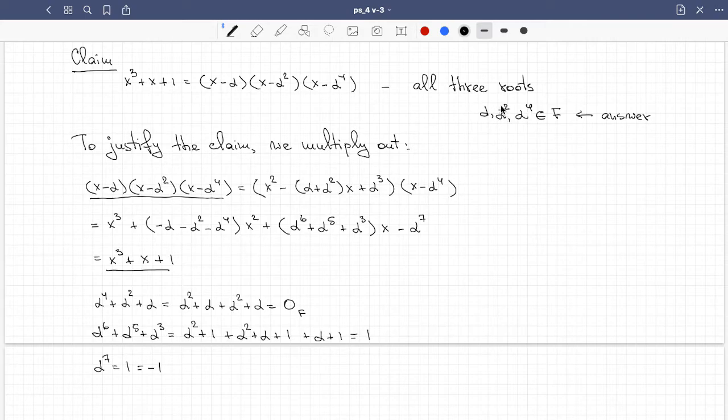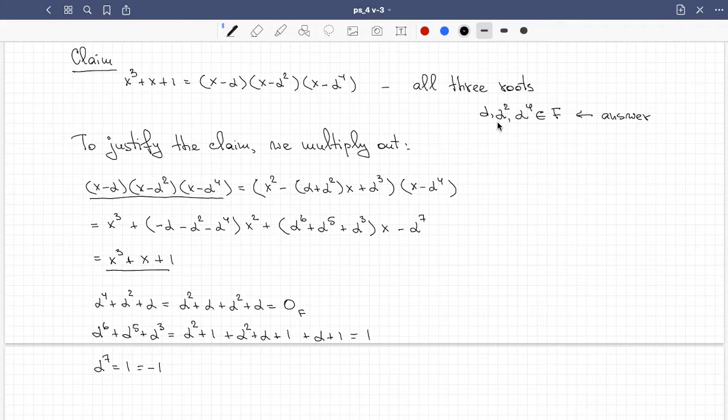Alpha is not difficult, it is the class of x. But the others as classes of something, this is going to be the class of x squared, of course, and there is no class of x to the 4, you have to reduce it somehow. I didn't do that.